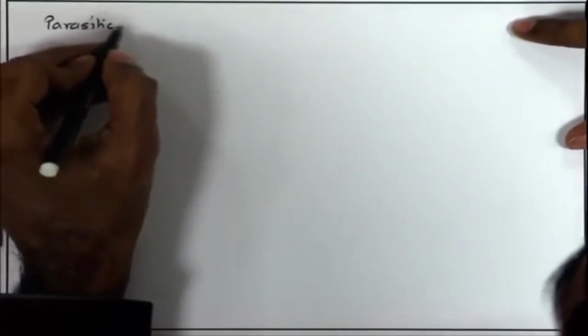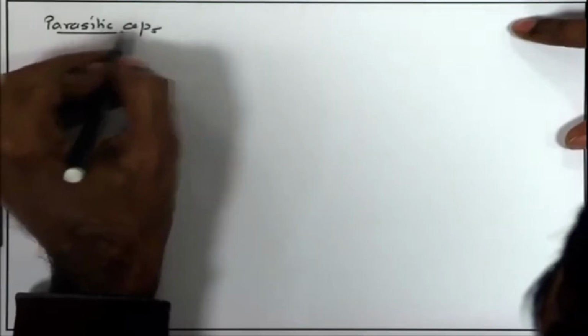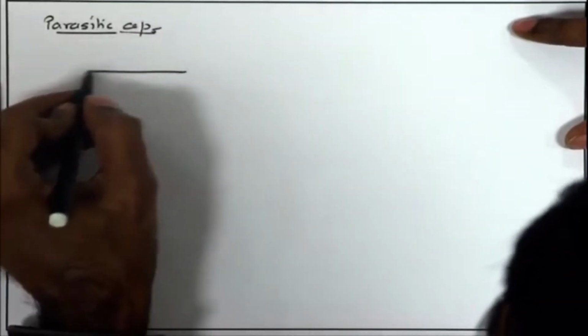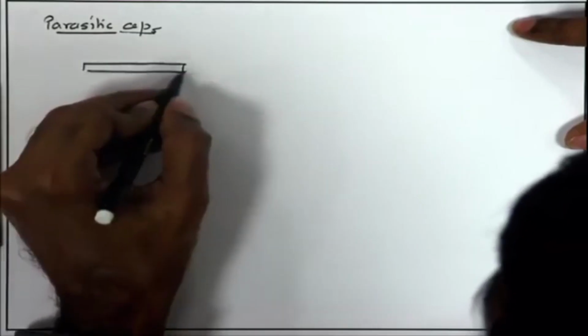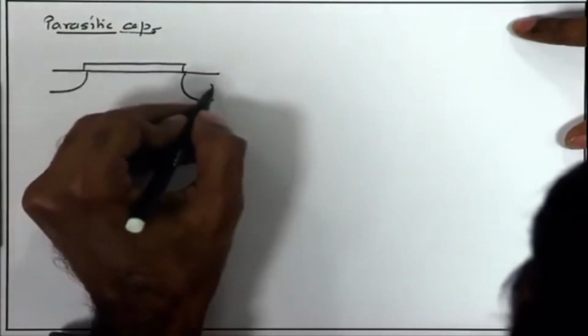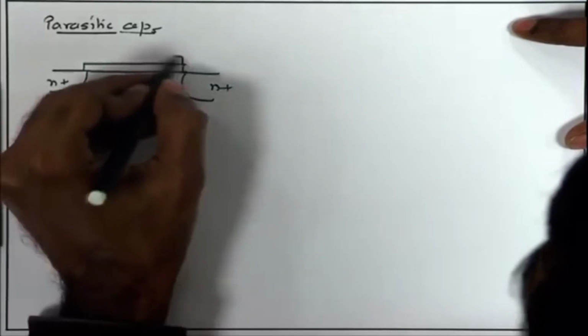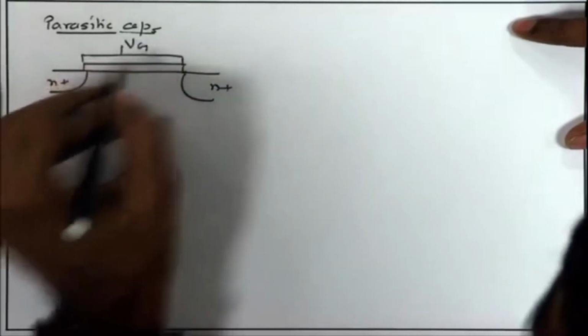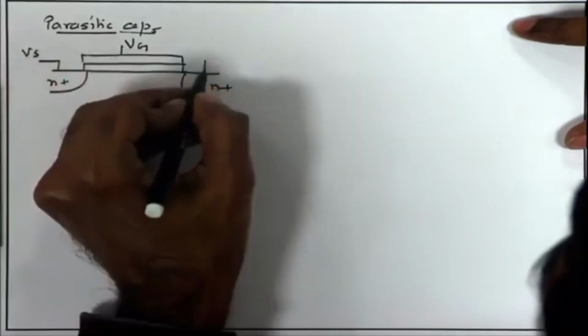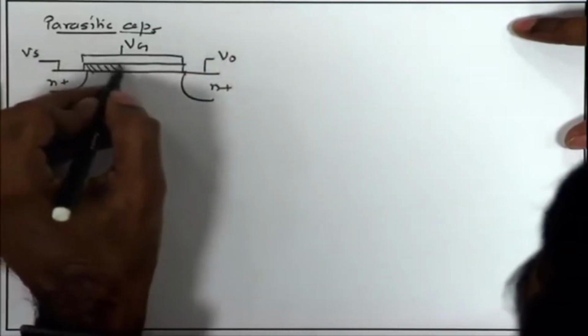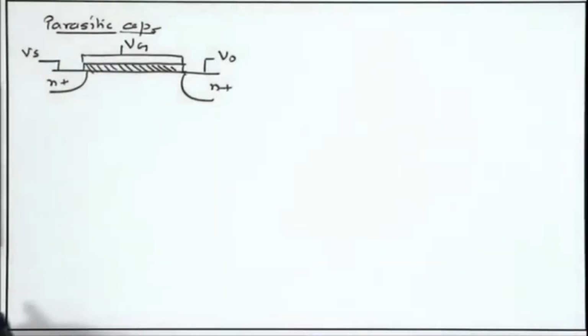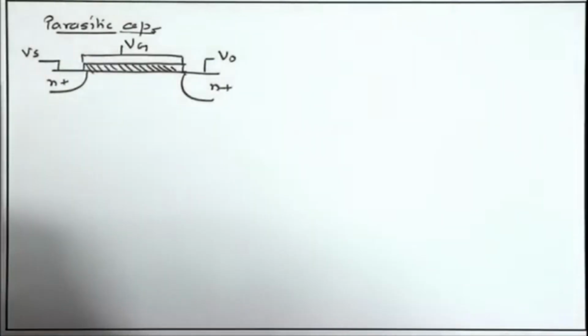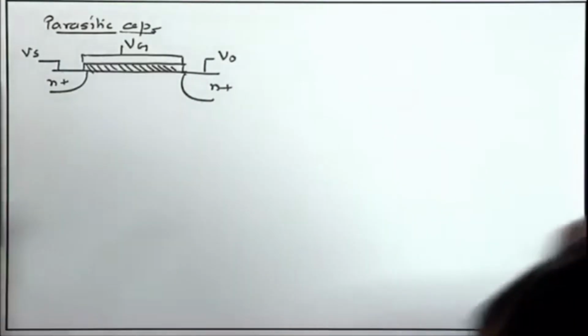So, if I once again look at the MOSFET structure and try to see what is going on when we change the different terminal voltages, let us assume that the MOSFET is in saturation, the region with which we are most concerned in this course.